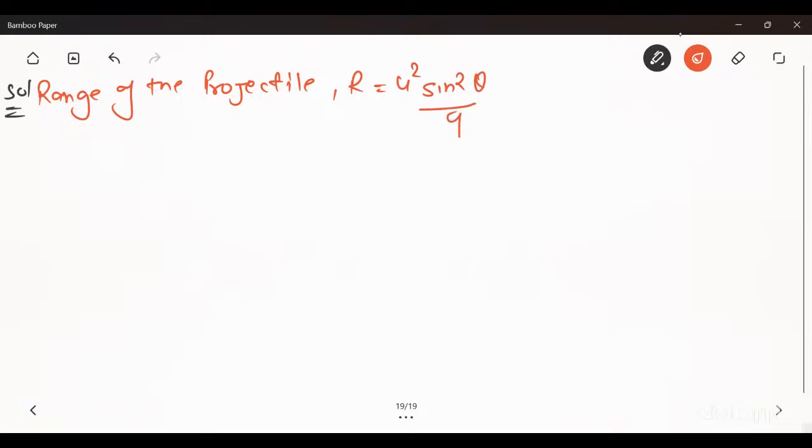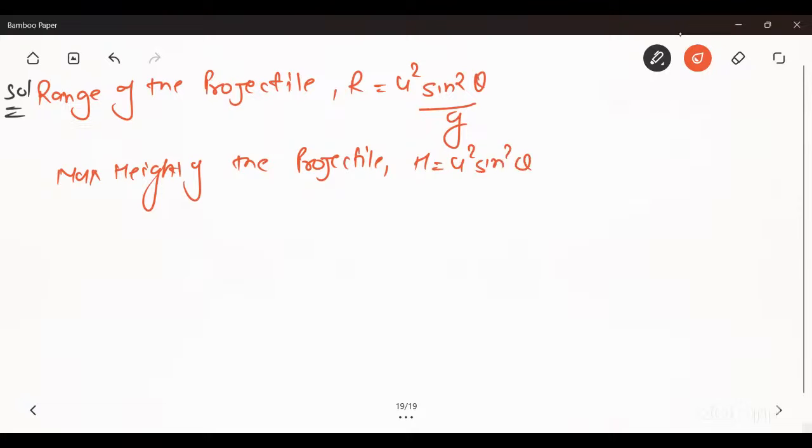First is the range of the projectile. So what is the range of the projectile? The range of the projectile is R, which is equal to U square sine 2 theta by G. And the maximum height of the projectile is defined as H is equal to U square sine square theta by 2G.